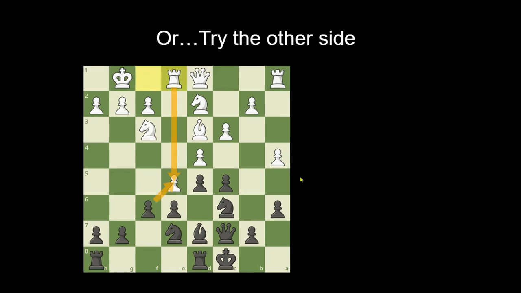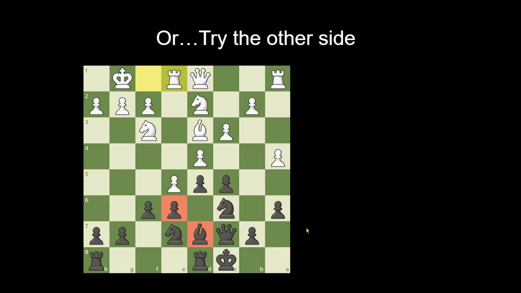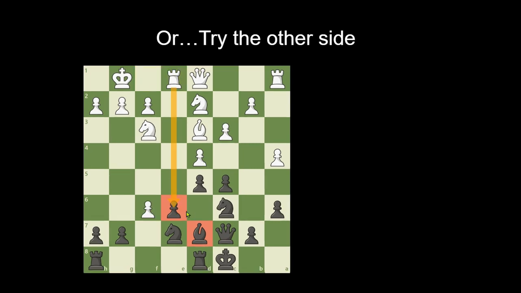Maybe you want to try on the other side. And if you try on the other side, then you can maybe take advantage of these diagonals here. But one thing you have to watch out for is that when you trade pawns or push a pawn to open up your bishop, the e6 pawn is the base of the pawn chain, and it can be attacked by the rook here.